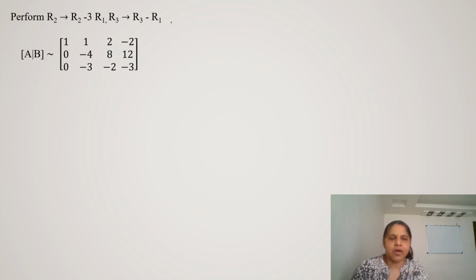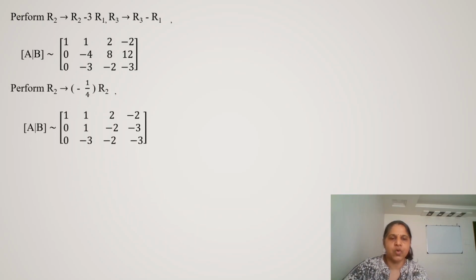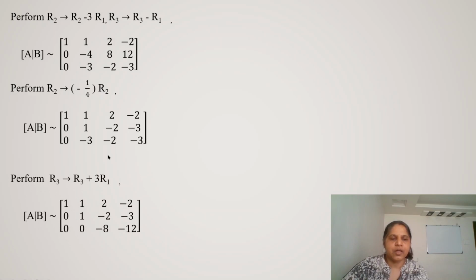The augmented matrix becomes this. Next we shall perform the operation minus 1 by 4 R2, so that we have this matrix. We want 0 here, so we perform the transformation R3 plus 3 times R1.